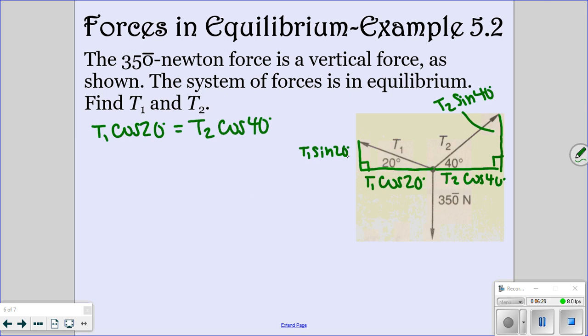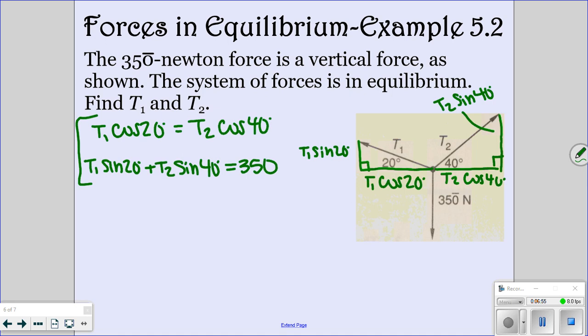For the y's, we have this one and the 350. Now the 350 is going down, the other two are pulling up. So T1 sine of 20 plus T2 sine of 40 are going to have to balance with 350. And so these are the two equations that we have.